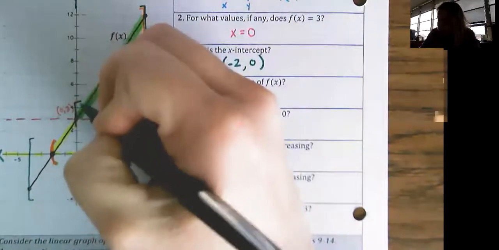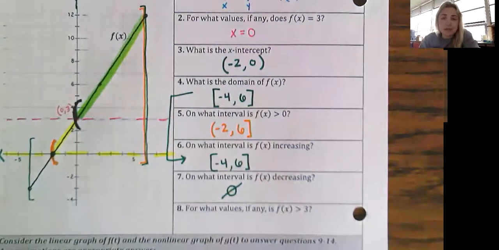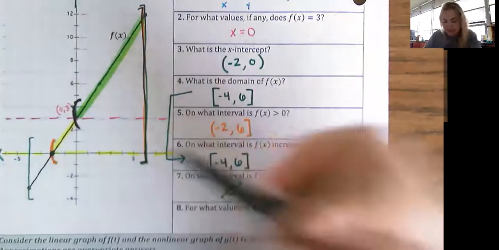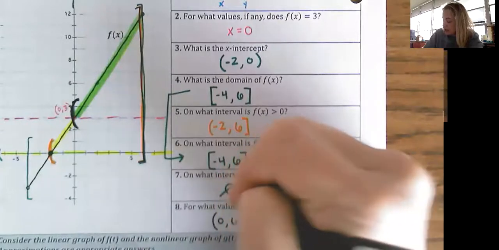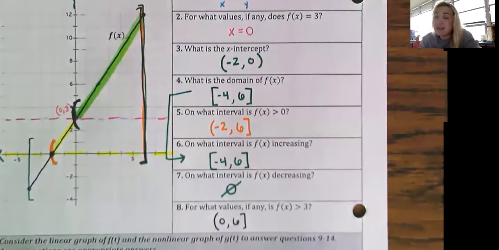Right here. Ooh, I did it again. I should probably do an open parenthesis. And where does it stop being above 3? All the way at the end here. So we would say from 0 to 6. I'm going to do the open parenthesis again, just to remind you that technically 3 is not above 3. If it had an equal to symbol, that'd be great, but it doesn't.